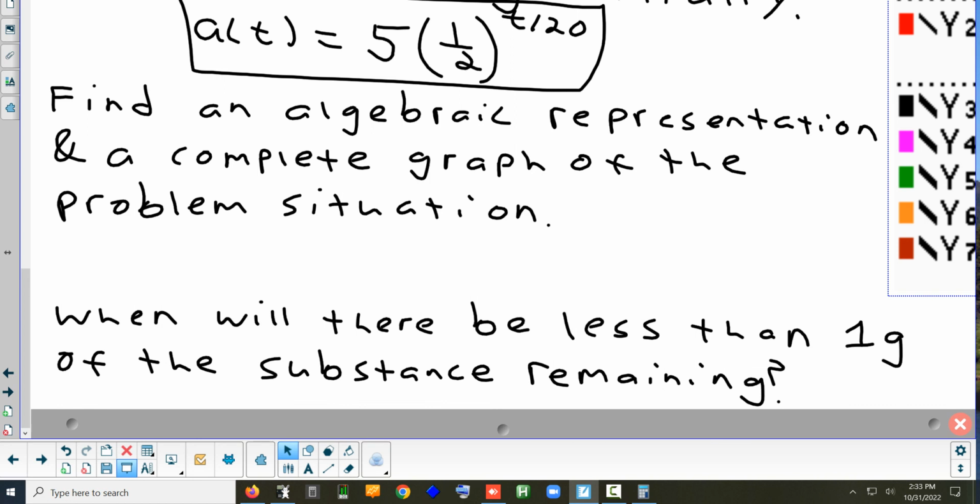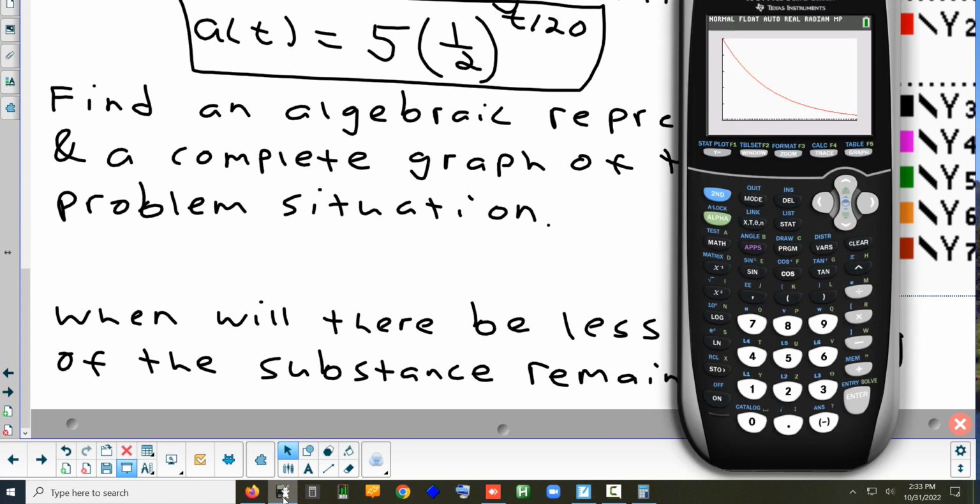Okay, and they want to know, when are we going to have less than 1 gram left? So what would I do to find out when I have less than 1 gram? This is the 3rd time we've done it, so it's nothing we haven't already done today. How would we want to know on that graph where it hits 1 gram? I can't see it right now.